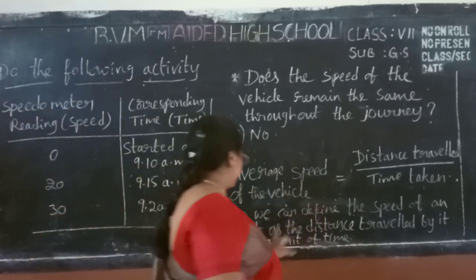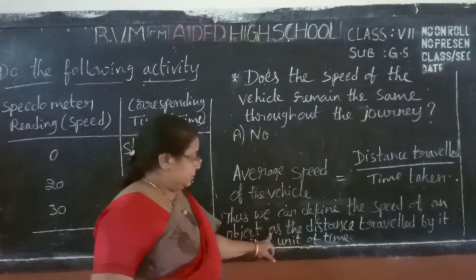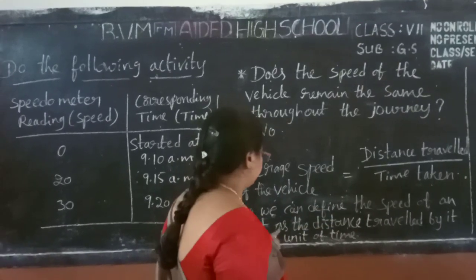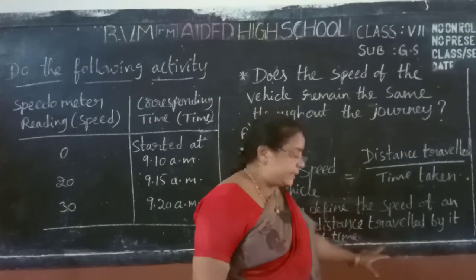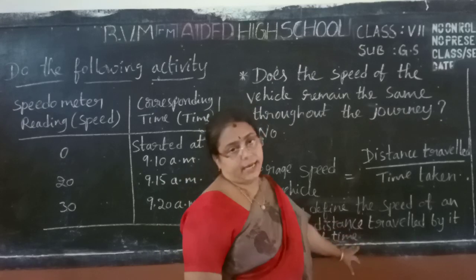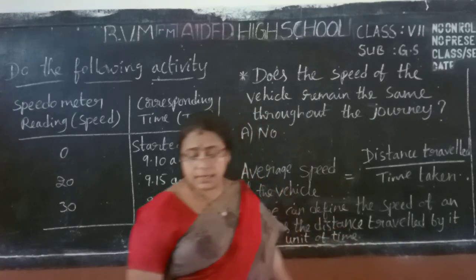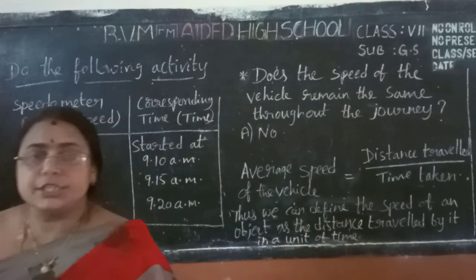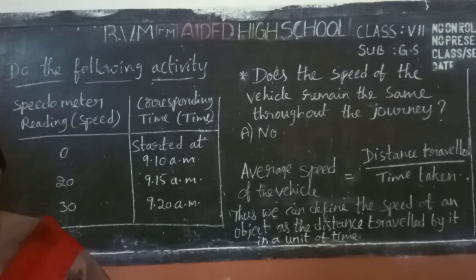The speed of an object: we can define the speed of an object as the distance traveled by it in a unit of time. Have you understood this, children? It is the definition of the speed. Note it down carefully.